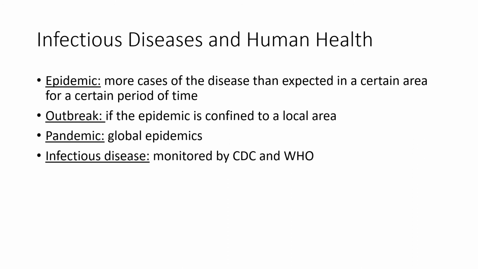So, for example, COVID-19 is a pandemic in this instance. And then the term infectious diseases is just diseases that can spread, essentially, and these are going to be monitored by the CDC and WHO.